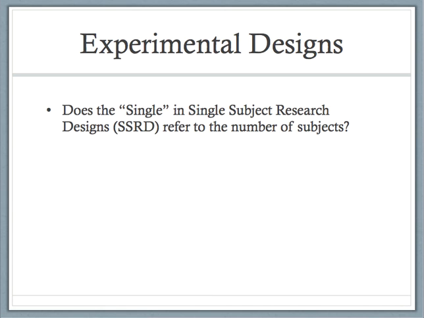Now, when we talk about experimental designs in applied behavior analysis, we are referring to the single subject research designs. A question that I've often been asked is, does single subject research design refer to the number of subjects?